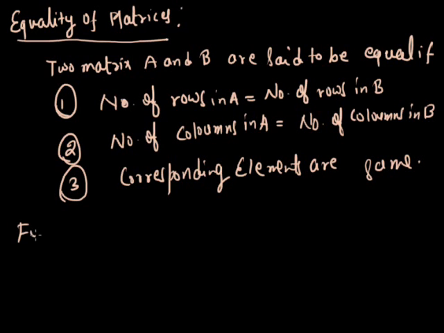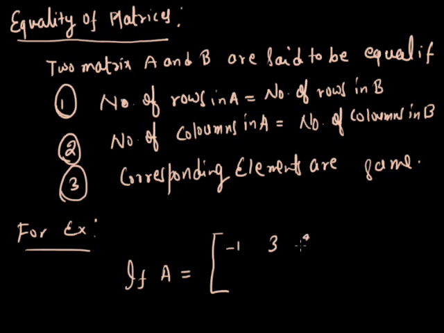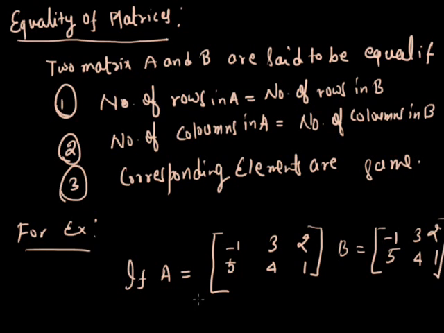For example, if A equal to -1, 3, 2, 5, 4, 1, then B will be equal to again -1, 3, 2, 5, 4, 1. Then we can say A equal to B.